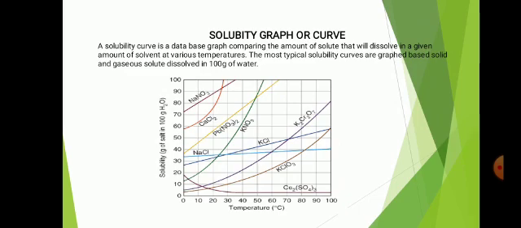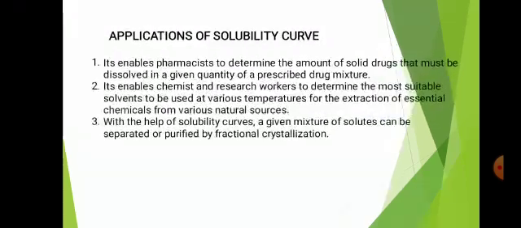Now, what is the usefulness of this solubility graph? Number 1, it helps pharmacists to determine the amount of solid drugs that can be dissolved in a given quantity of a prescribed drug mixture. Number 2, it enables chemists, researchers, and scientists to determine the most suitable solvents to be used at various temperatures for the extraction of essential chemicals from various natural sources.